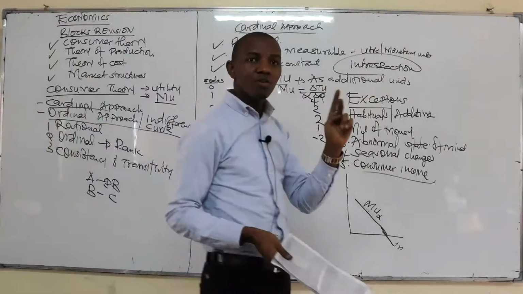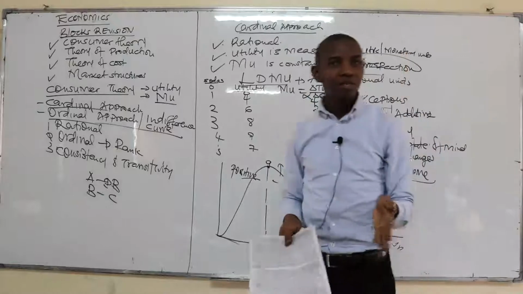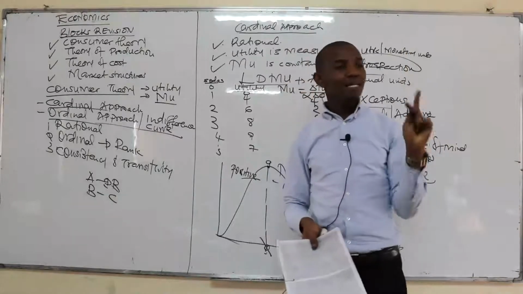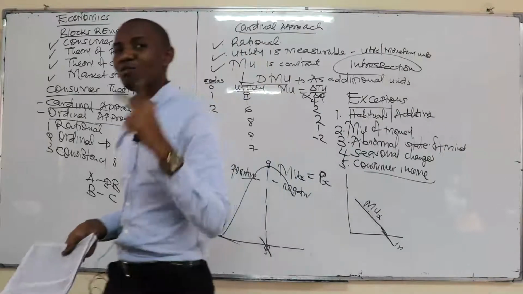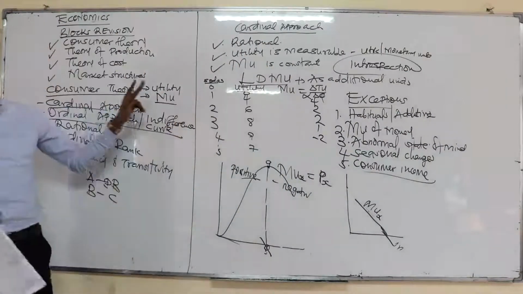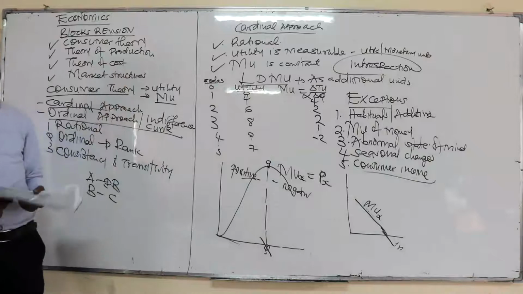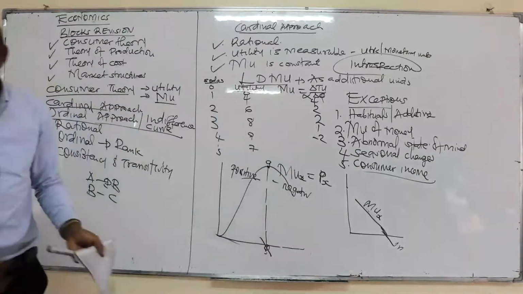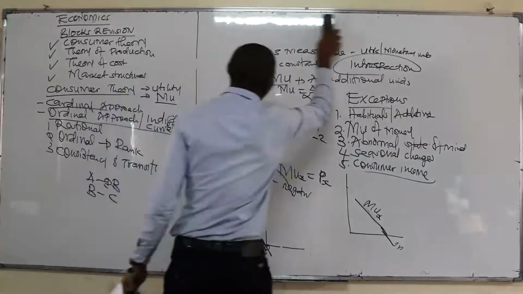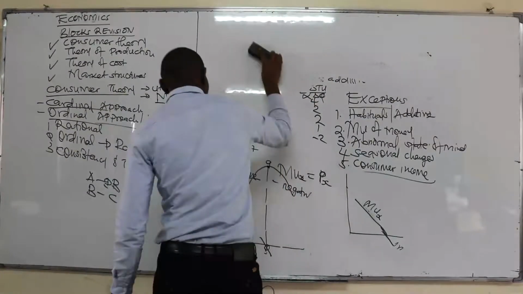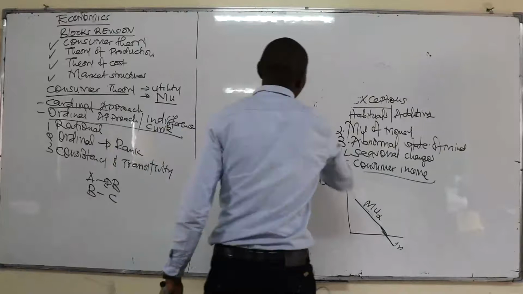Because if you are consuming one good, in that case you are not indifferent. But in this case you are consuming two goods that yield the same utility. Which is now giving rise to what we call the indifference curve. What is giving rise to what we call the indifference curve?